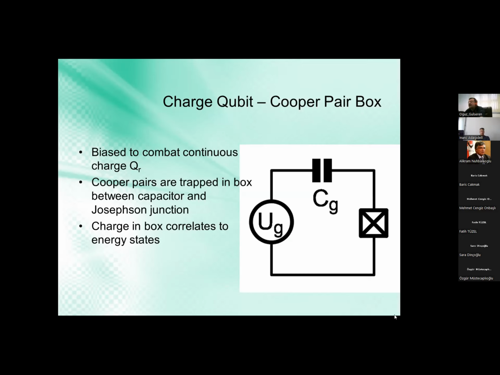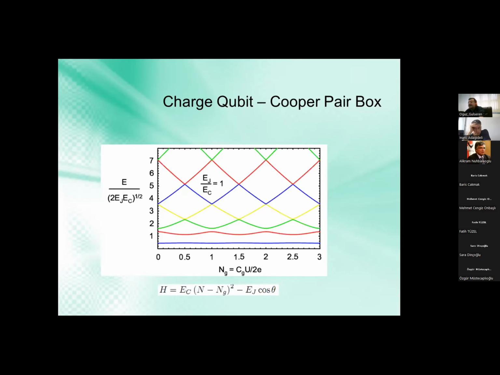I'm just quickly trying to summarize. In the charge qubit, we have a bias. Then there is a gate capacitance here. With this gate capacitance, you adjust the charge state of this Josephson junction, and you end up with an energy spectrum, as a function of this capacitance, as you play with the charging of the system. The Hamiltonian can be shown to be written like this, and we have a spectrum there.